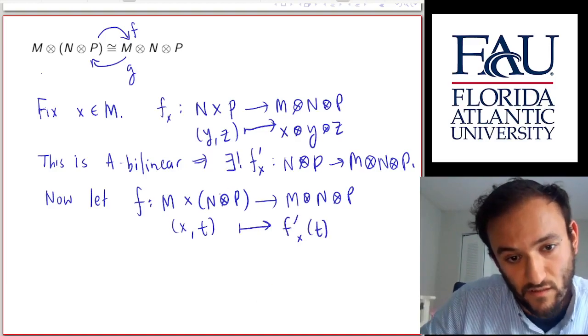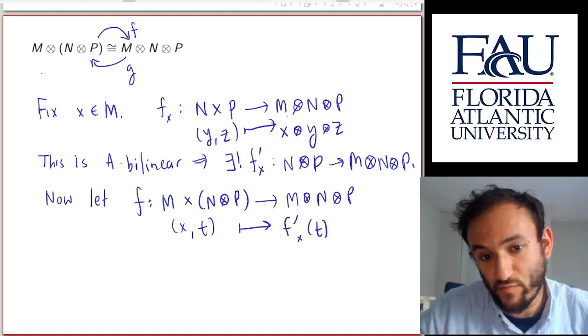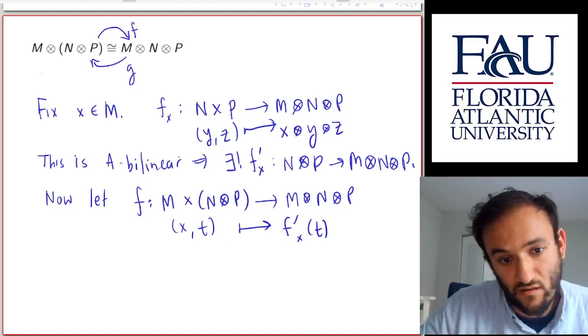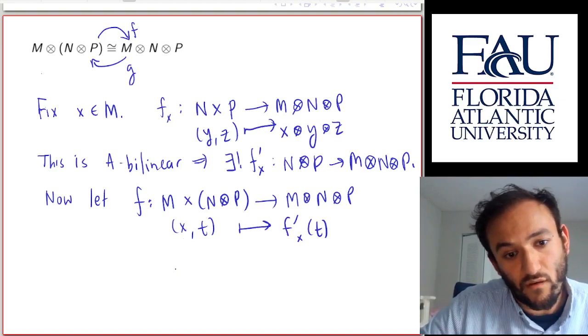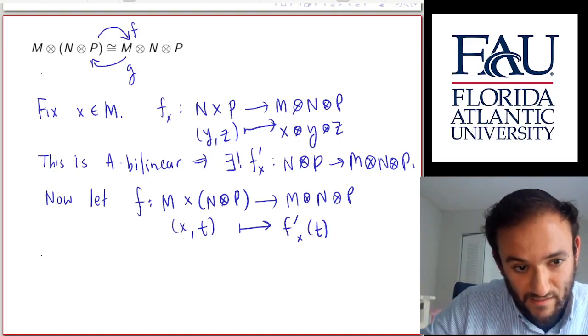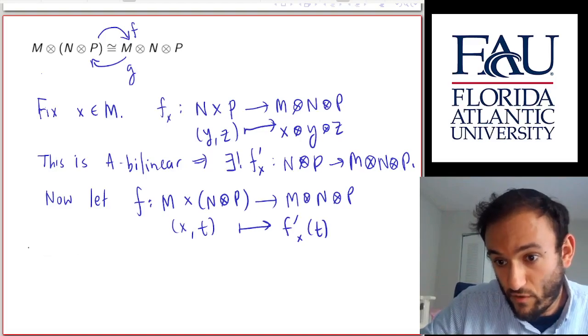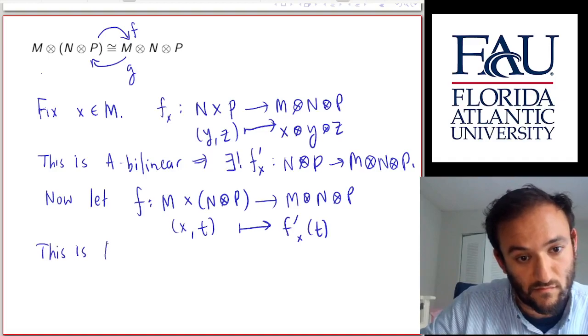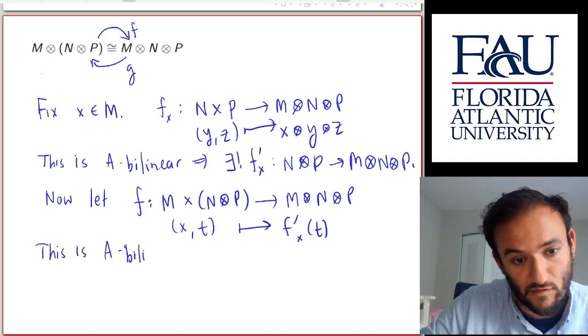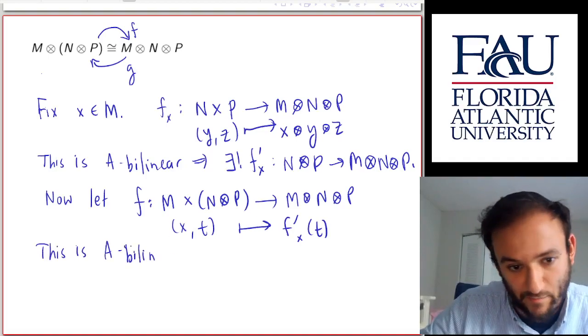Because f_x prime maps N tensor P to M tensor N tensor P. And so this is perfectly well defined. And we also note that this is bilinear in both coordinates.